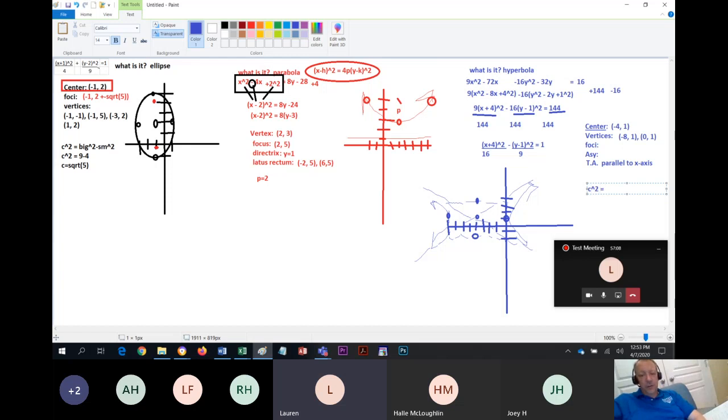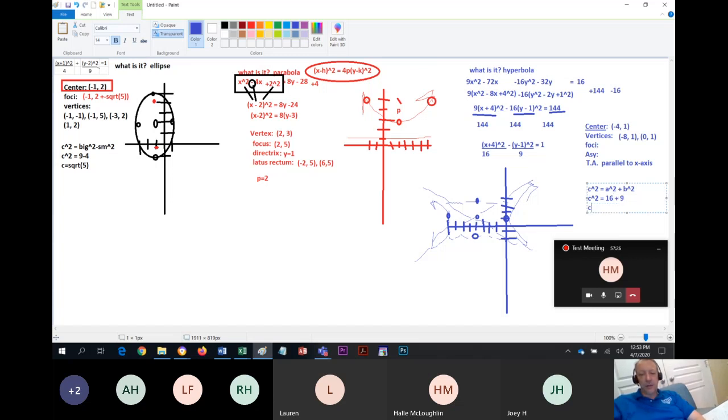C squared equals a squared plus b squared, right? So c squared equals, in this case, 16 plus 9.